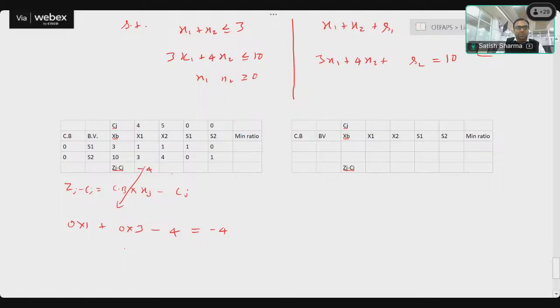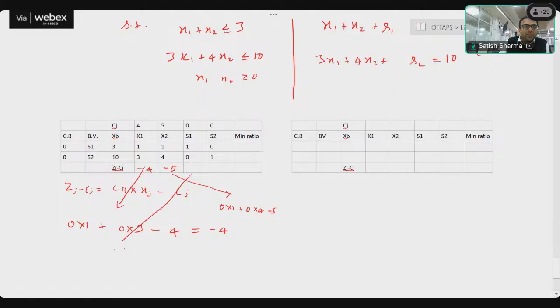Then the second part here is basically what? It is 1 multiplied with CB0, 4 multiplied with CB0, and minus 5. So I can say that it is 0 into 1 plus 0 into 4 minus 5. So this will be minus 5.